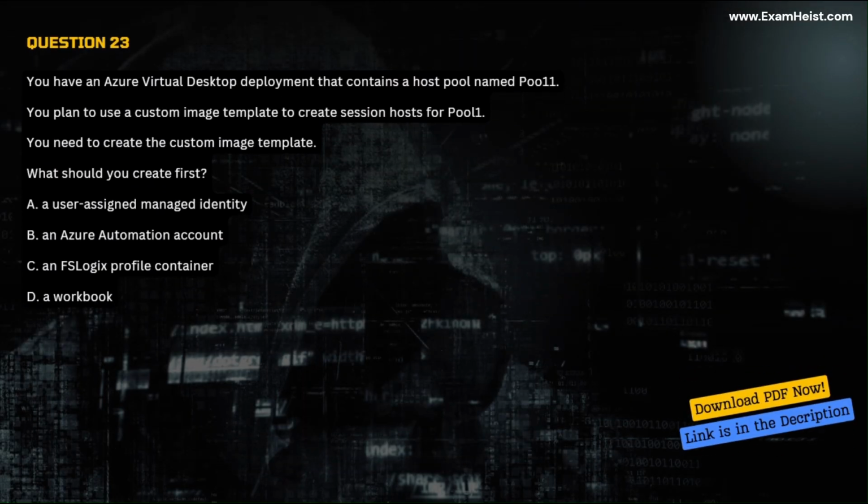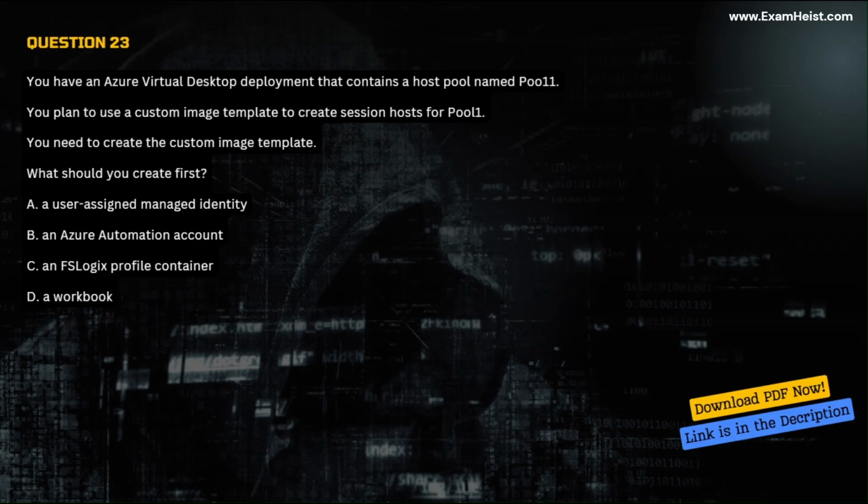Question 23. You have an Azure Virtual Desktop deployment that contains a host pool named Pool1. You plan to use a custom image template to create session hosts for Pool1. You need to create the custom image template. What should you create first? A. A user-assigned managed identity. B. An Azure Automation account.